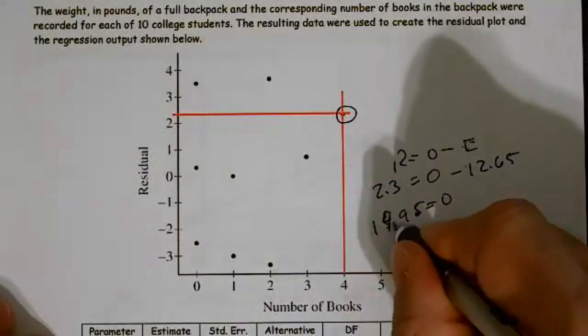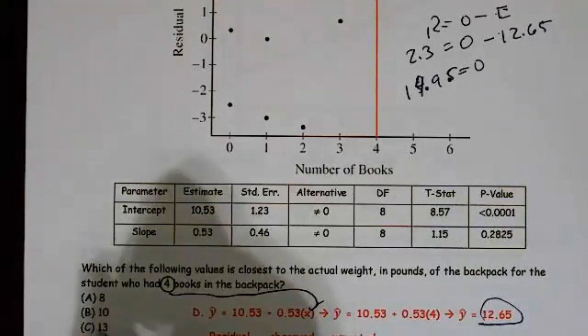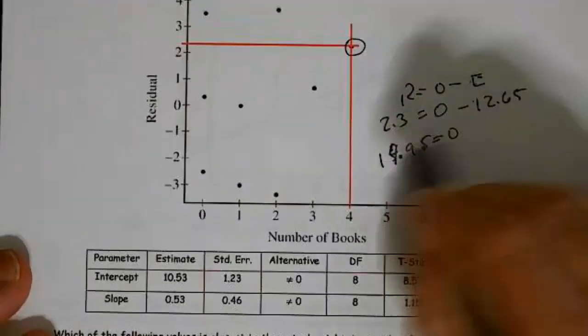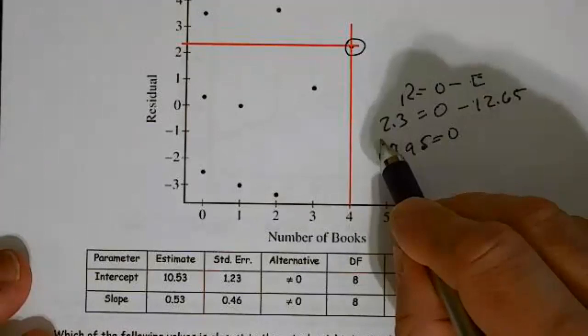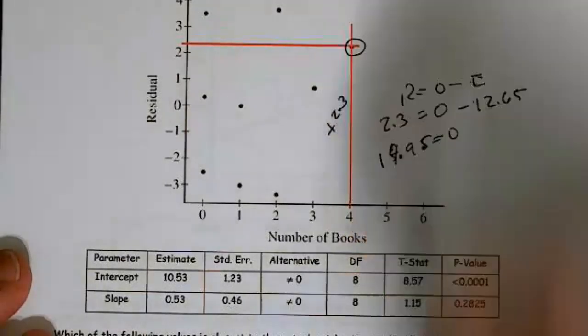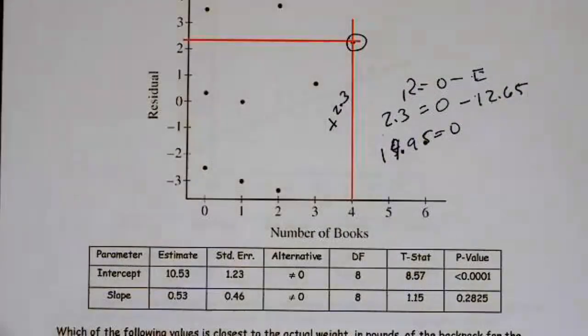I can't add. 14.85, 14.95, and the one that's closest is 15. Once again, I added 12.65 to this residual of 2.3, because this value right here is about 2.3, and it's positive because we're above the line.